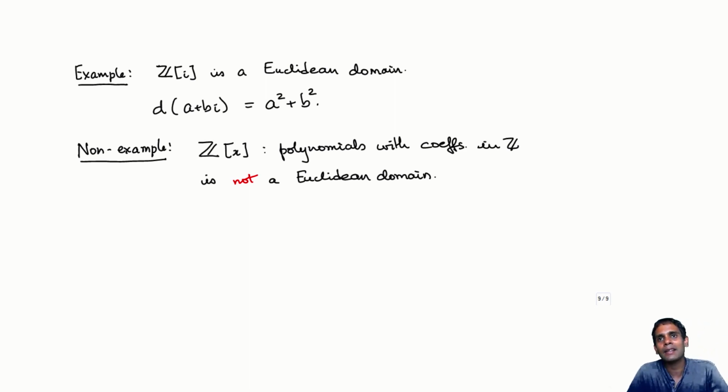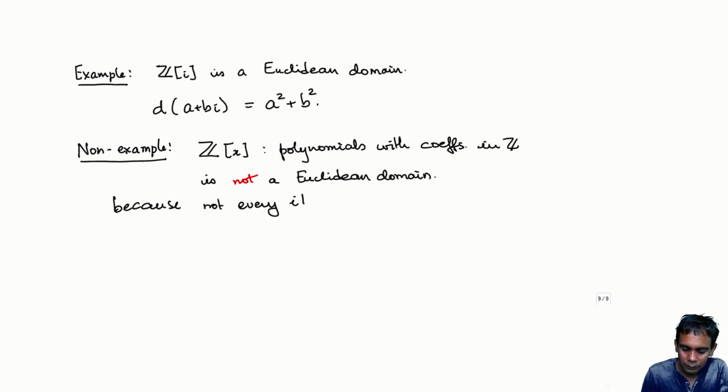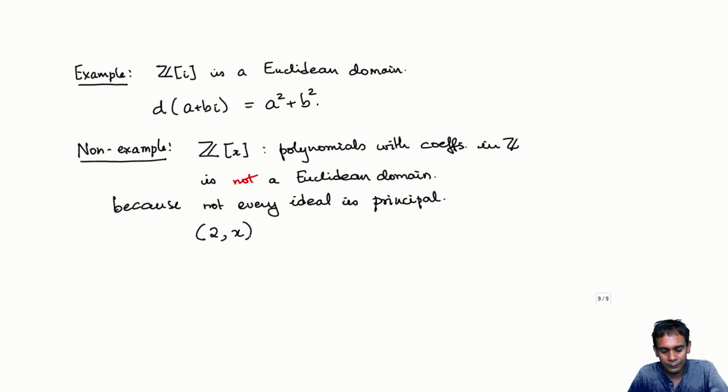Well, one way to see it is, how would you show that there is no size function which does the job? But one way to show it is that it's not a principal ideal domain. Not every ideal is principal. Take the ideal generated by 2 and x. Okay, this is not a principal ideal.